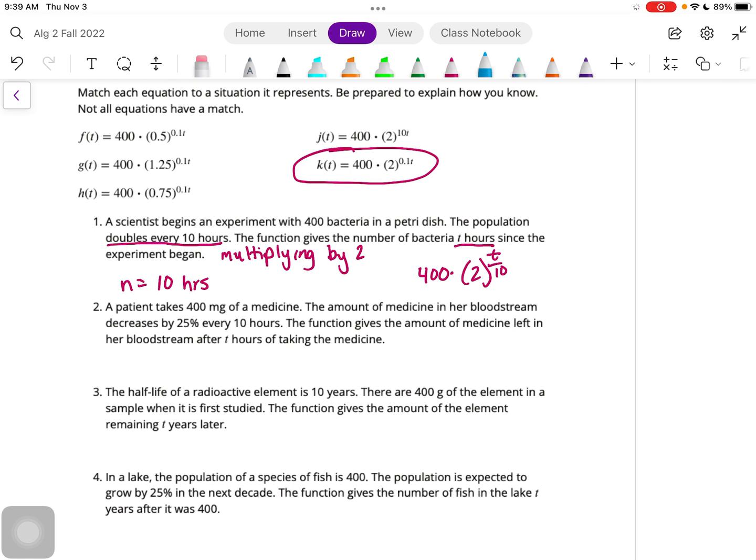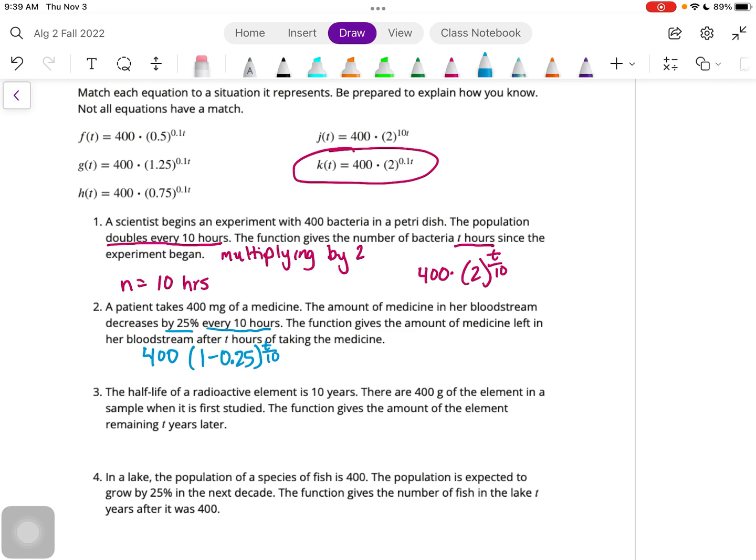Let's see, number 2, we have 400 milligrams of medicine. The amount of medicine in her bloodstream decreases by 25%. So that constant multiplier is 1 minus that 25%, to the T over N, and N is 10 hours there.